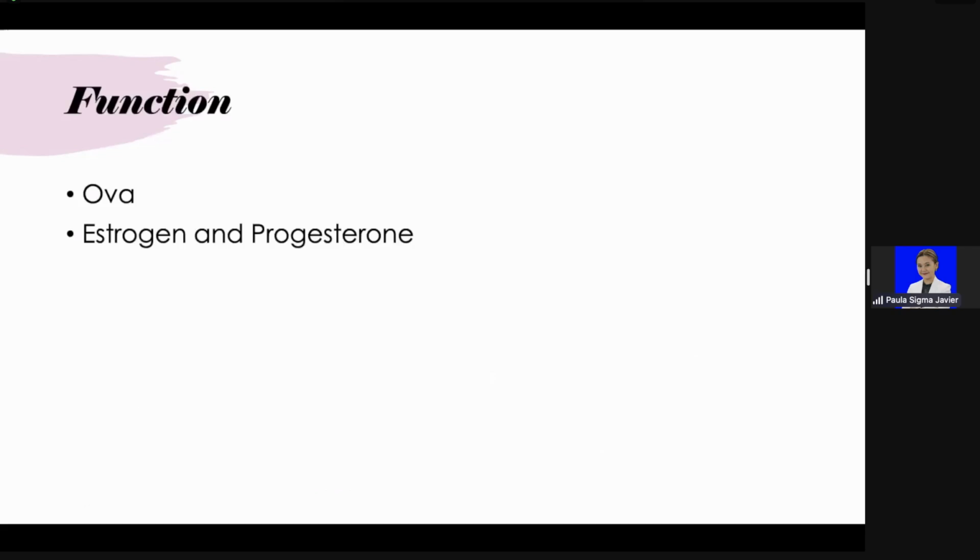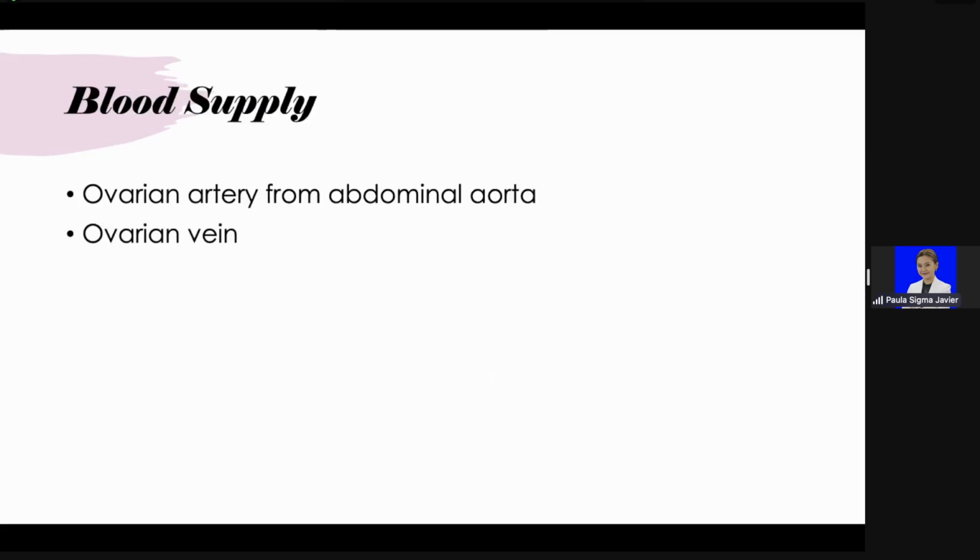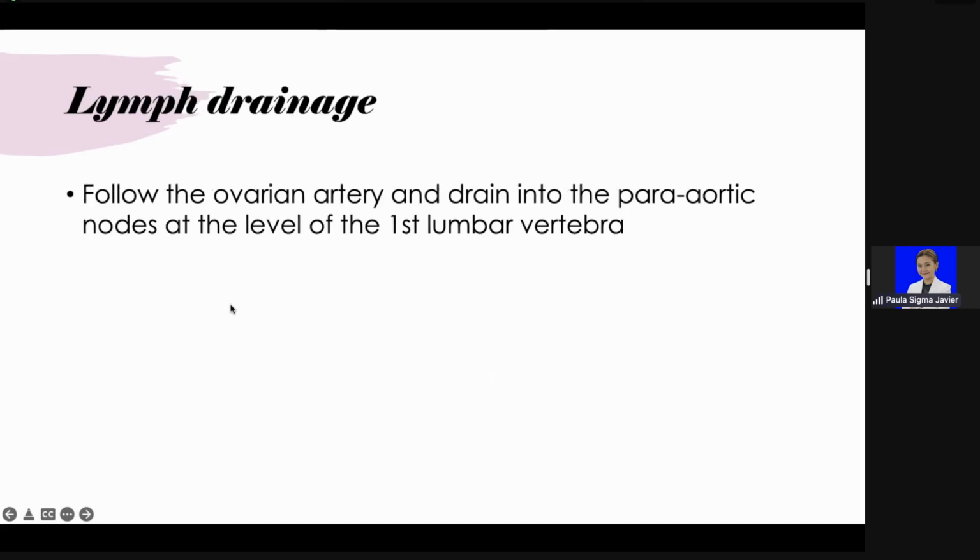Okay, so for the function, your ovaries contain your ova, your egg cells, and they produce estrogen and progesterone. So estrogen and progesterone are secreted in mature females. For the blood supply, as I mentioned earlier, the blood supply is from the ovarian artery, which is a branch of your abdominal aorta, and it is drained by your ovarian vein.